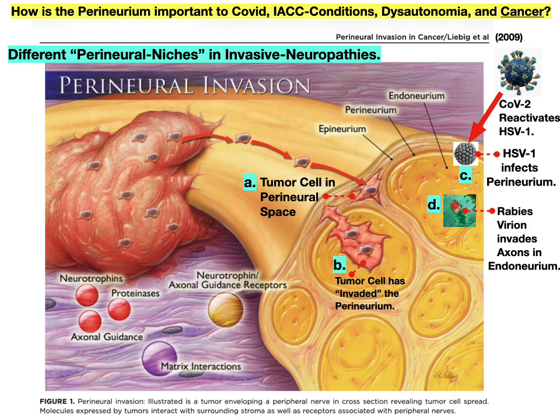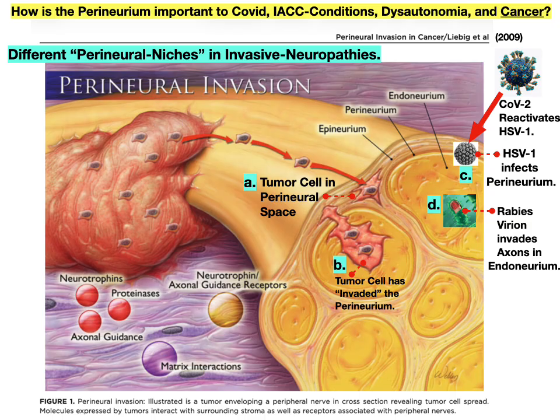The concept of a perineurial niche for a malignant cell is a relatively new concept. It is useful to incorporate into a broader set of concepts which can be referred to as invasive neuropathies, which will include both malignant cell invasions as well as invasions of viruses into the tissue compartments of nerves.